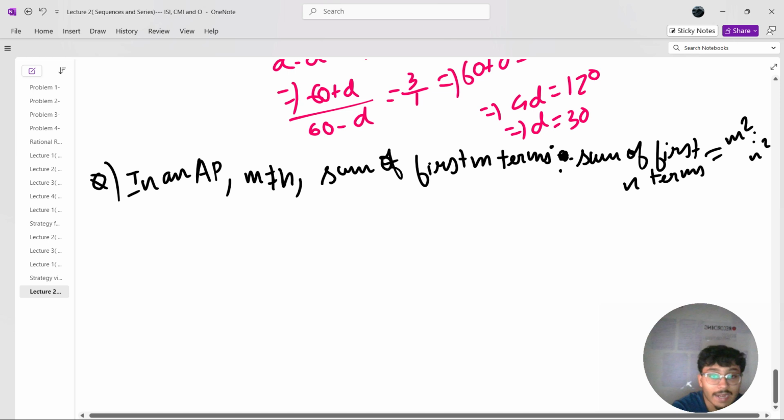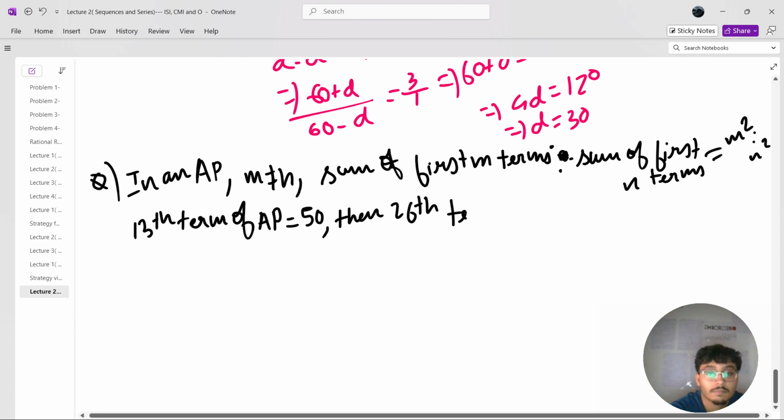And I'm given that the 13th term of the AP is 50. Then we need to find the 26th term. How much is it?